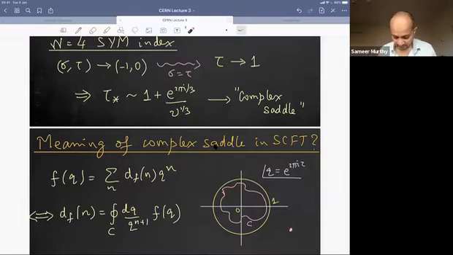So this contour integral is completely well defined, and you can wiggle this contour around as you want. What we did in this rough analysis is take the contour where tau goes to 0, meaning q goes to 1. You take the contour and make it go close to q goes to 1. That's where the function looks singular.